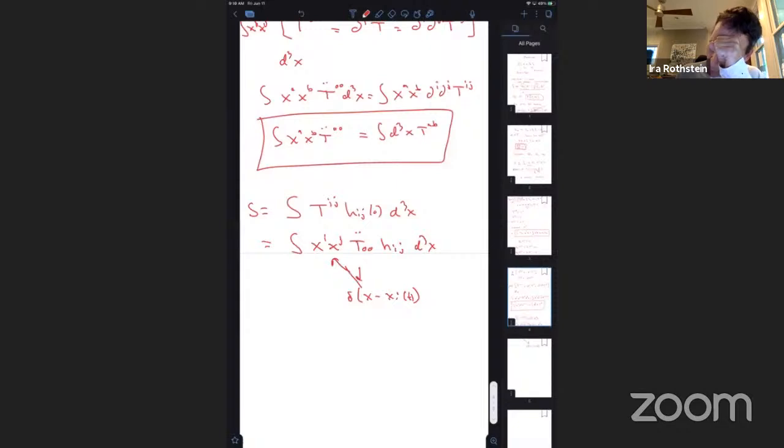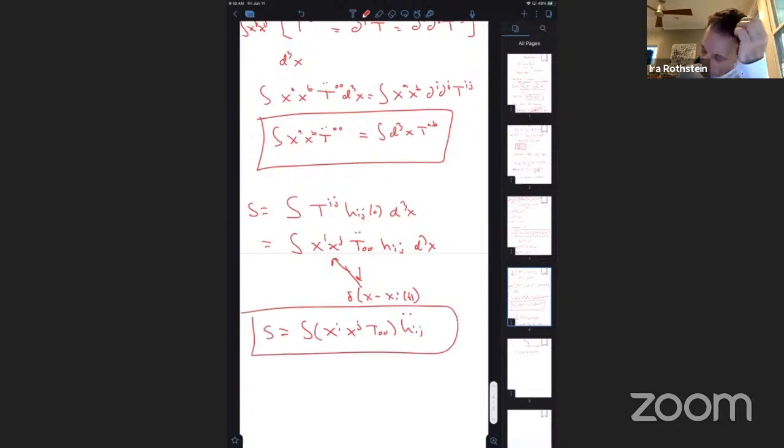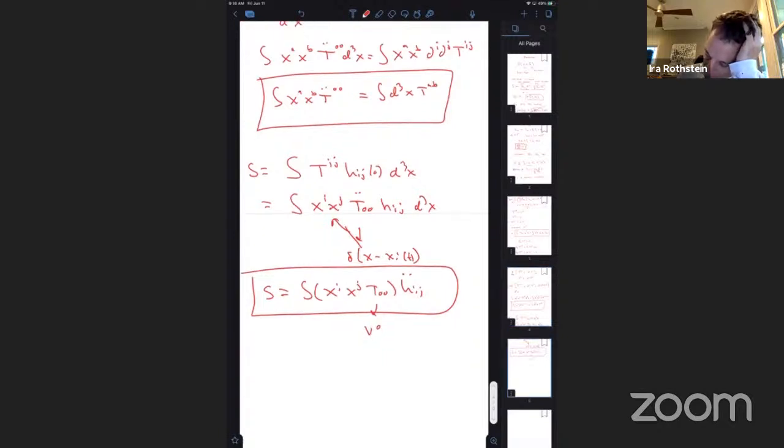So when I integrate by parts, I can push this over to h_{ij}. Okay. So T^{00} scales as v to the 0. And so the question is, how does this match on to something that looks like Q^{μν} E_{μν}?